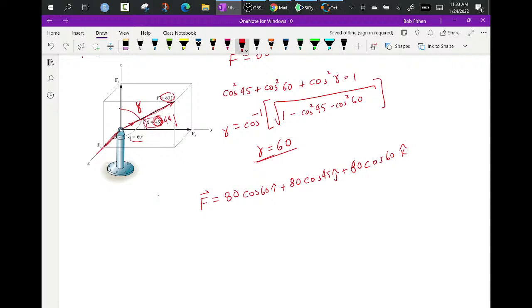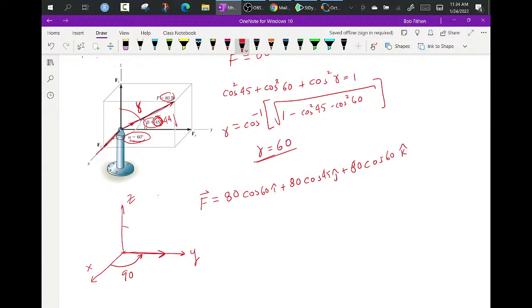For example, if I drew this beta to 0, let me redraw it. If I drew beta to 0, that means it's sitting on this axis. That means automatically that's 90. So already you're confining yourself.